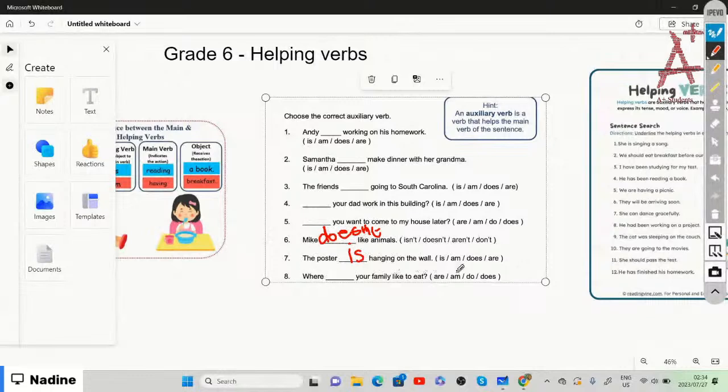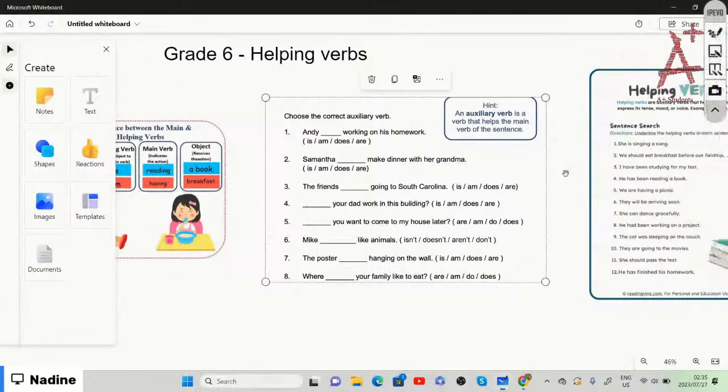Where are your family like to eat, or where am your family like to eat, where do your family like to eat, or where does your family like to eat? So we can then say, where does your family like to eat? So these are the auxiliary verbs that we had to choose within those sentences, right?